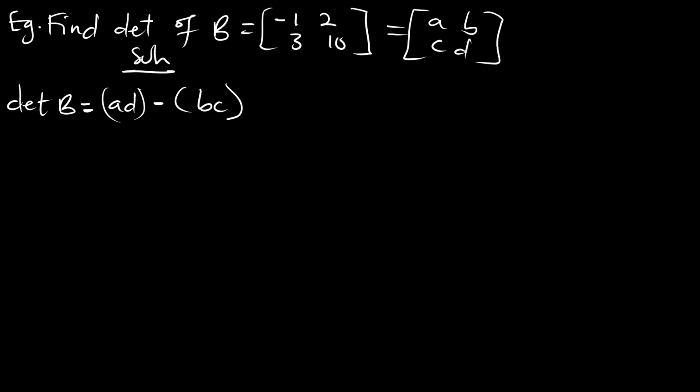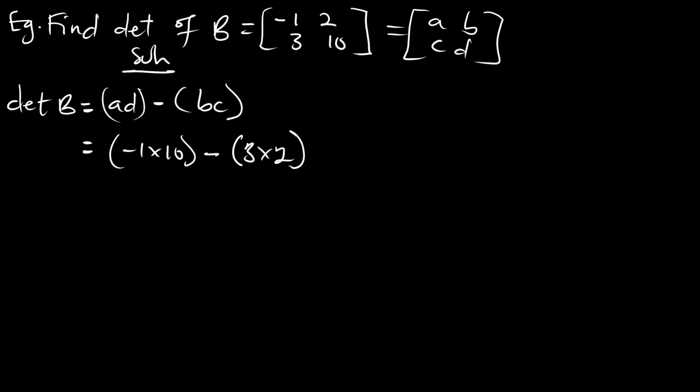So looking at this, delta B is going to be negative 1 by 10 minus BC, which is 3 by 2.